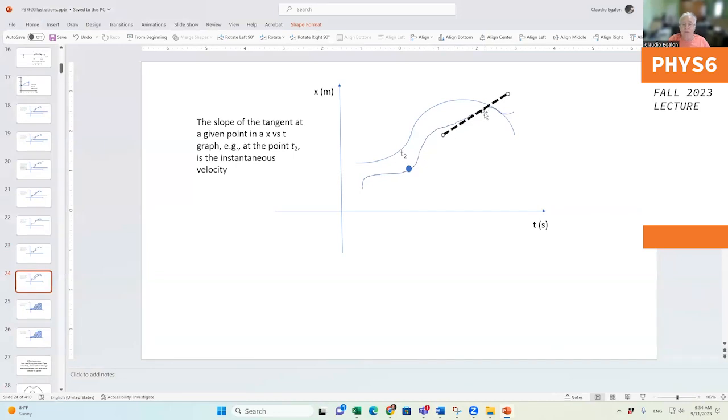So yes, it is possible that you're going to intersect the line elsewhere. You're taking the instantaneous velocity at this point here, and the tangent at that point can intersect the curve elsewhere. That's the answer to your question, right? Yes, thank you so much. It all depends on the curve that we're dealing with.